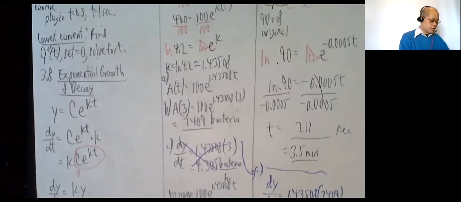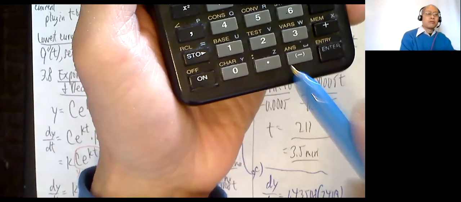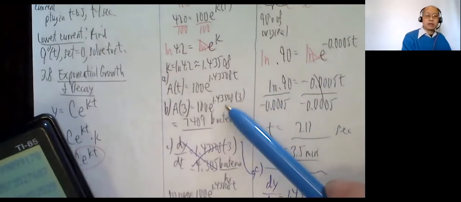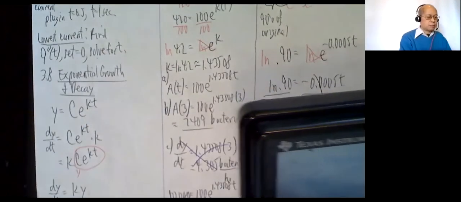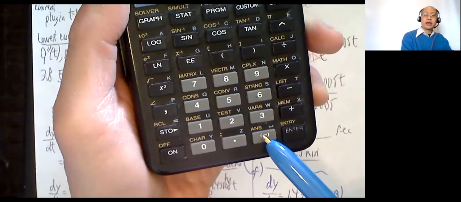Okay, 100 e to the, and by the way, hopefully if you have a calculator that has an answer button, rather than typing this in all over again, I can just say answer times 3. So parentheses, second function, answer, ANS.